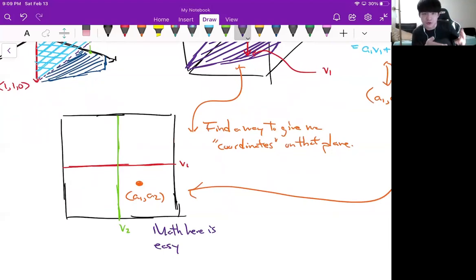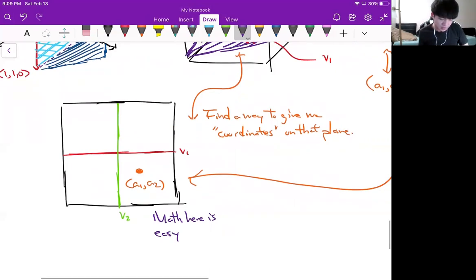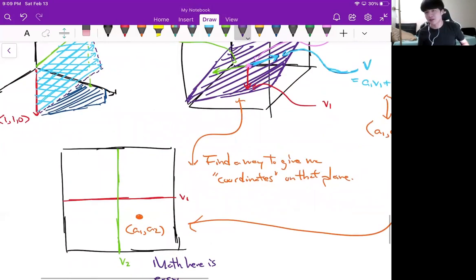You do math on the really easy plane, and then that translates to something happening back in this other wild subspace you have. So that's one of the reasons why you might study spans. It lets you decompose it, and then do math in simpler terms. Later on, you're going to learn about change of basis, which is exactly what I've described here.